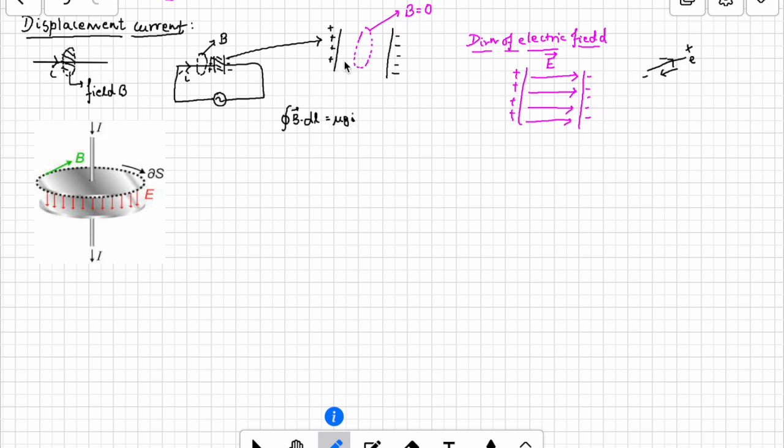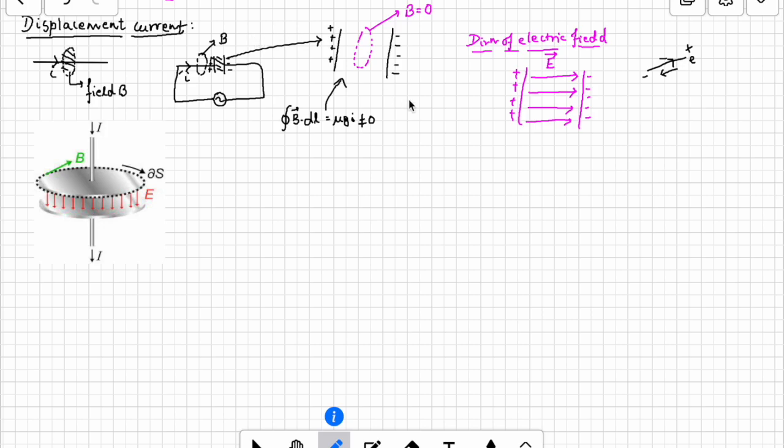Now in this particular case there is no current enclosed, and if there is no current enclosed, then this integration of B dot dl should be equal to 0. That should be the case for this particular scenario. But this is not actually true. It is observed that this is actually not equal to 0. That means there is obviously a certain magnetic field. So that means there is a current, but that may not be this conduction current. It has to be something else.